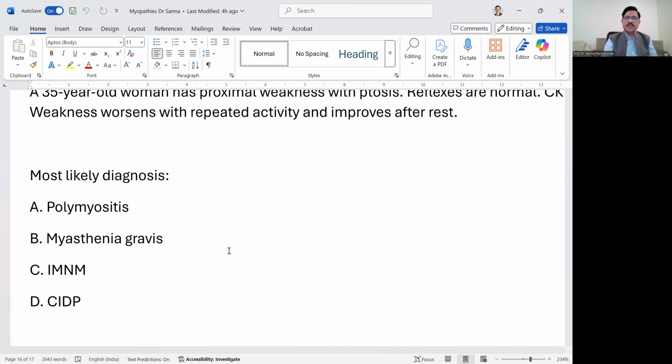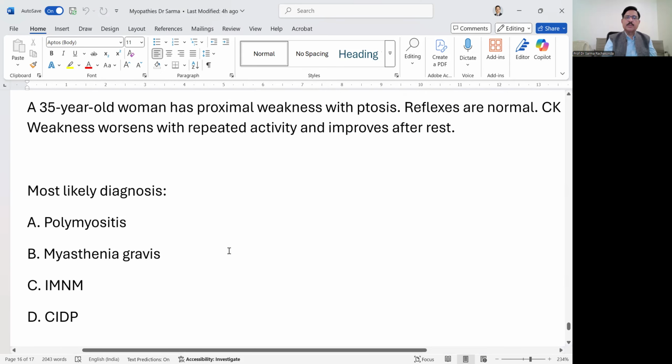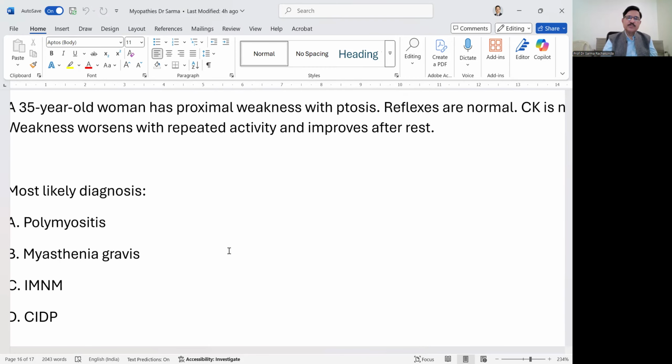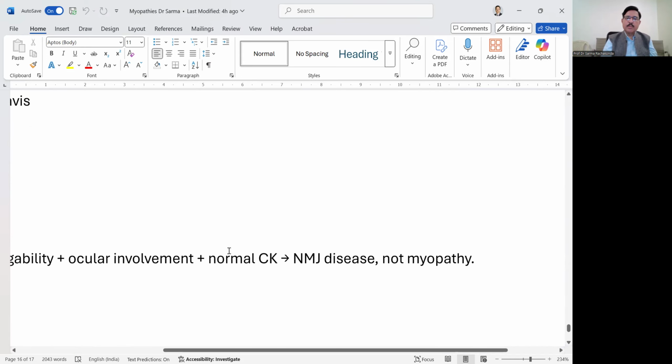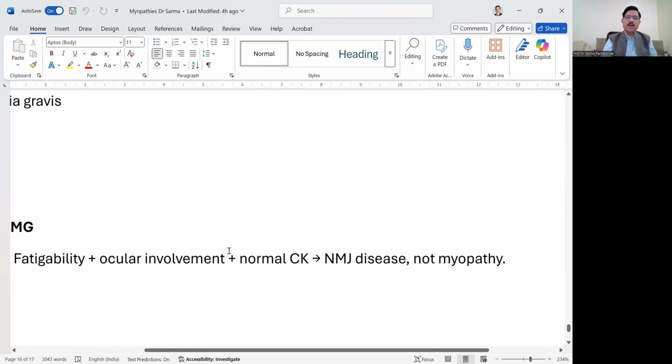CIDP will have sensory symptoms. Polymyositis is proximal weakness without ptosis, no bulbar or ocular involvement. Whenever there is face involvement, it immediately excludes polymyositis. So fatigability, ocular involvement, normal CK: it is a neuromuscular junction disease and not a myopathy.